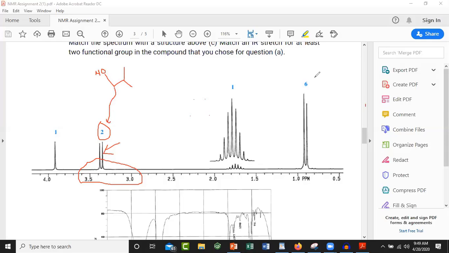What about this doublet down here that's integrating for 6 protons? What do you think? Methyl group. It's the methyl groups over here, right? The branched methyl groups. Right, both of those are going to fall under the same signal. Why is it showing up as a doublet? What do you think?